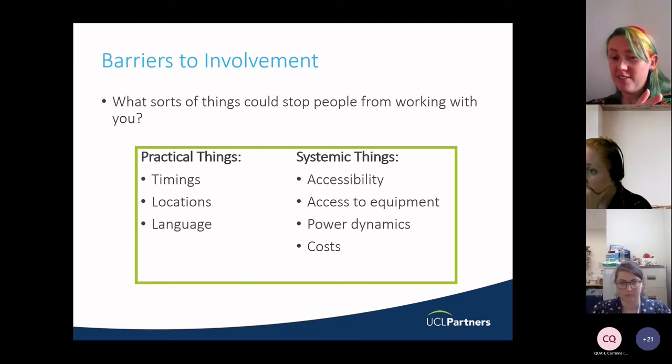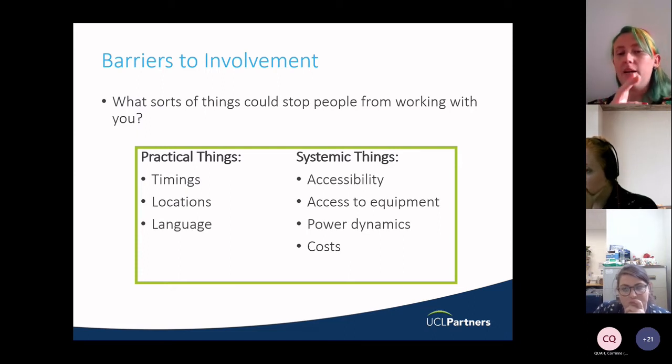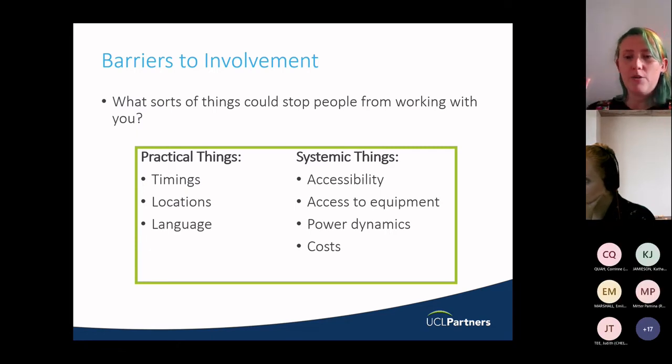So there are some things that I would say will really help you to design things that are actually accessible right from the start. And that's thinking about this idea of barriers to involvement. So thinking about what sort of things could typically prevent people from working with you. You can break these down into two strands of thinking. There's the practical things, like your times and your locations.